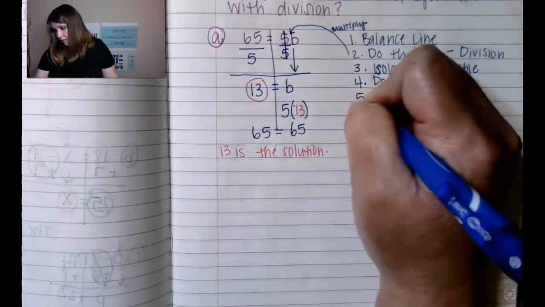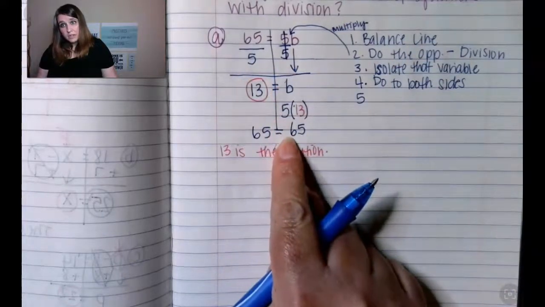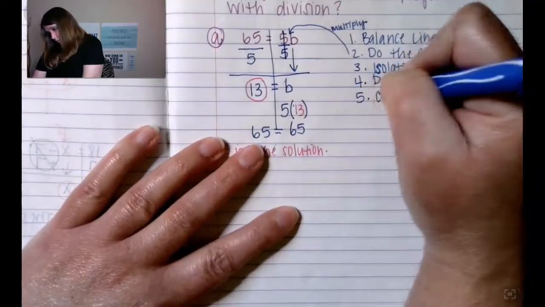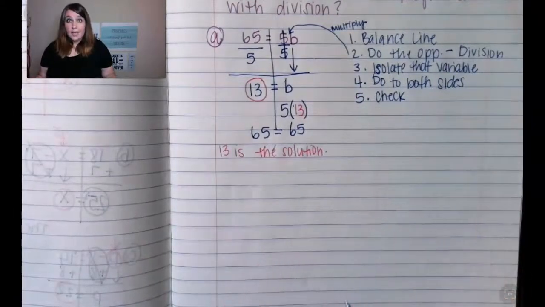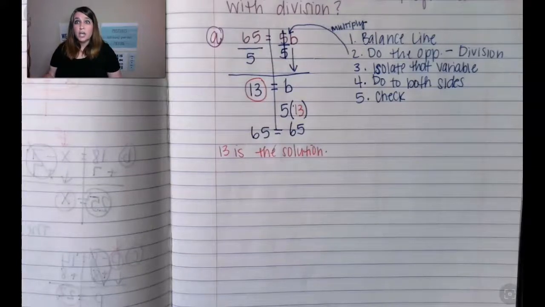And last but not least, after we did it to both sides, we then had to check our solution. Now, some people did not check their solutions on the quiz. And when you didn't check your solution, you found that you got the problem wrong. It's really super important to check your solution.